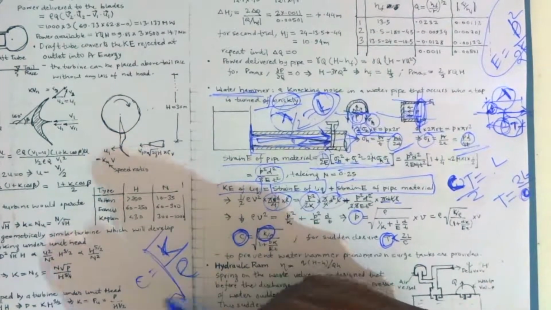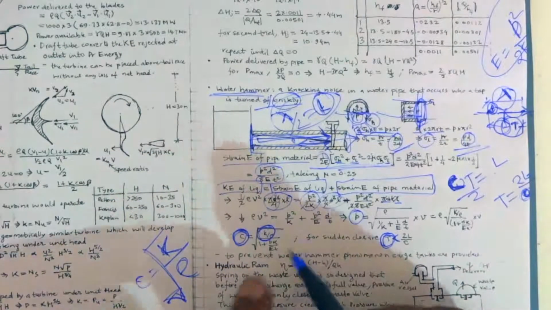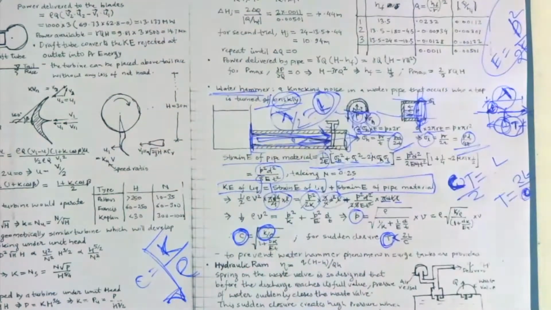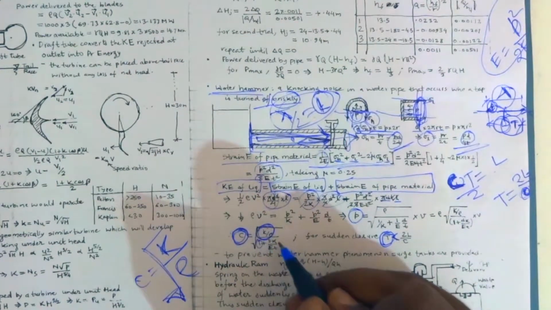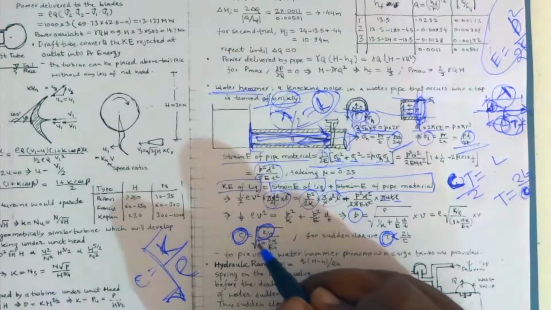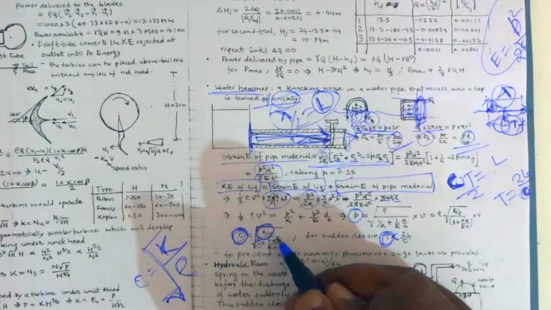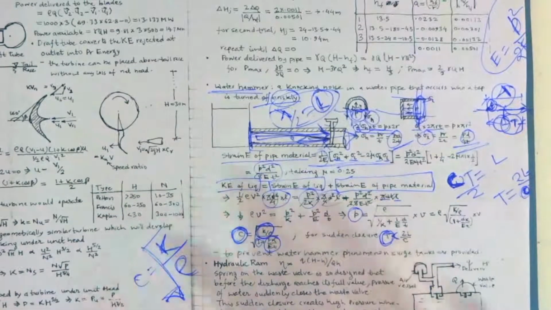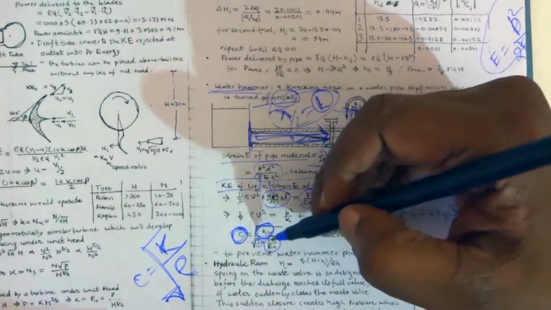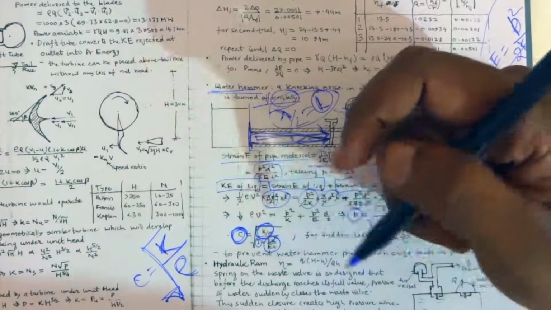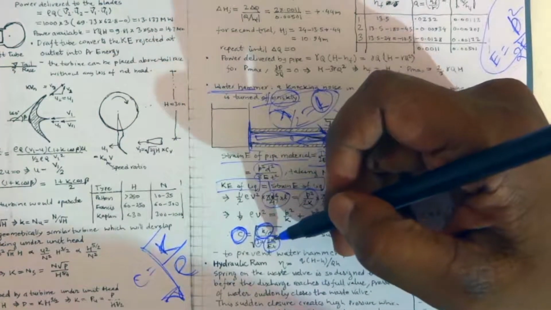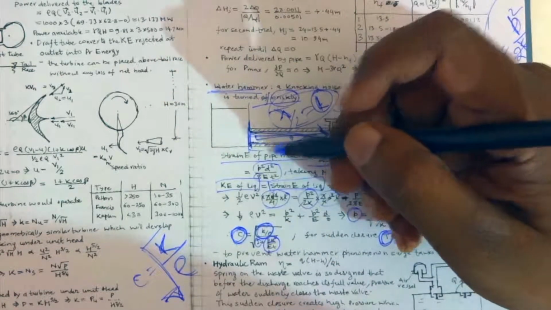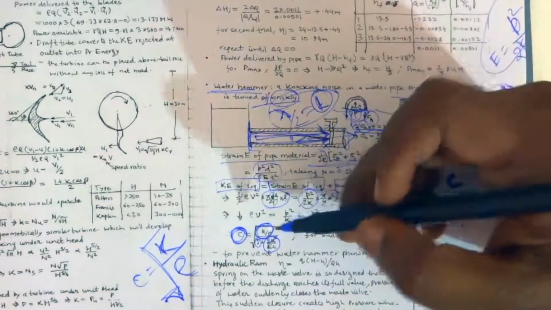This is very simple, and there is a slight modification due to the addition of 1 plus d K over E t in the denominator. D is the diameter, K is the elasticity of the water, E is the elasticity of the pipe, and t is the thickness of the pipe.